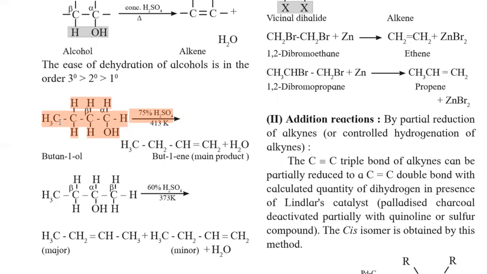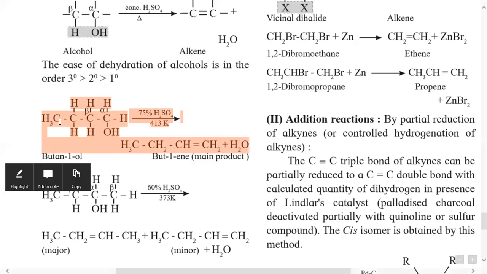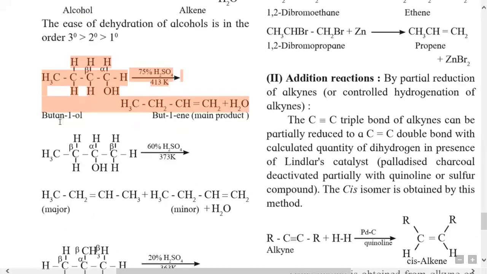Here, more concentrated sulfuric acid is required for primary. We get removal of OH and H from the alpha and beta carbon. So we get the main product as but-1-ene and the side product as H2O. So this is one example of dehydration of alcohol.